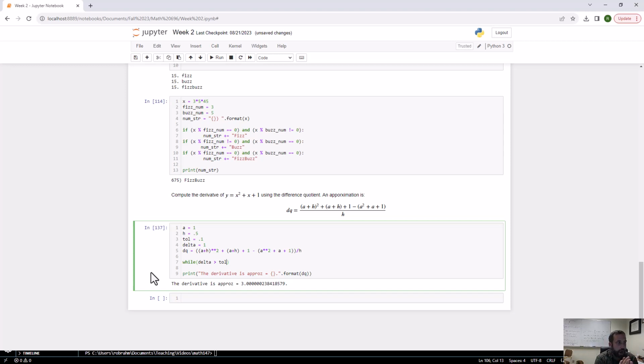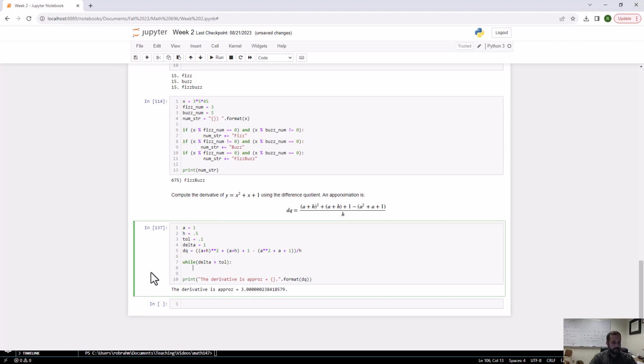And by the way, it's probably good with this one specifically, but also with other ones as well, to pause what I'm saying and ask yourself if what I'm saying makes sense, and think about what I'm doing here. So while delta is greater than tolerance, that is, delta is going to be the difference between two successive approximations, I want to divide h by 2.